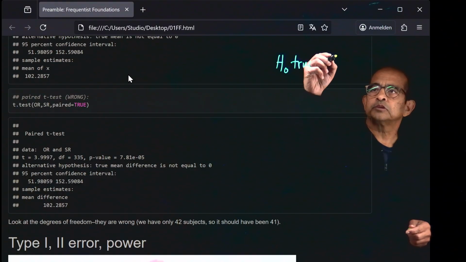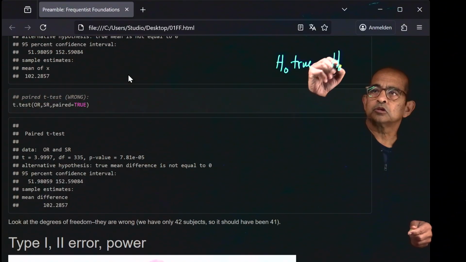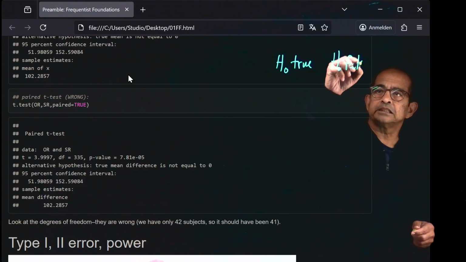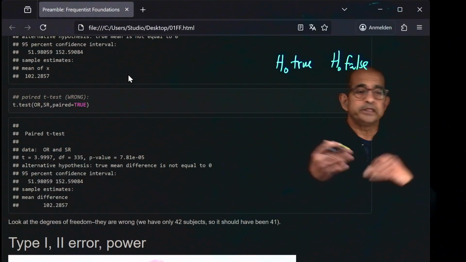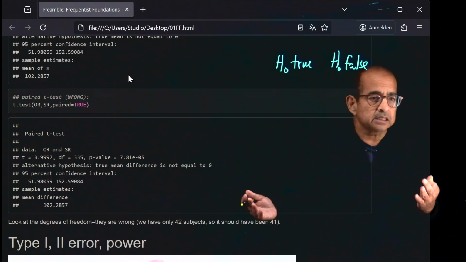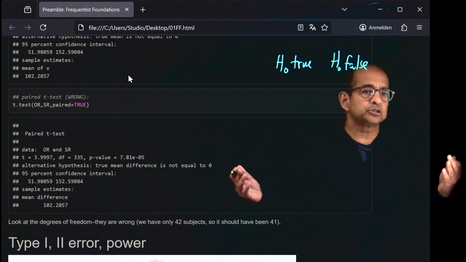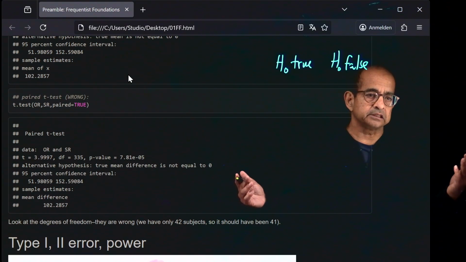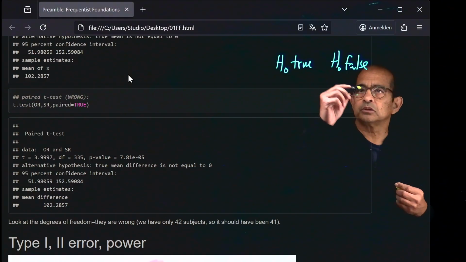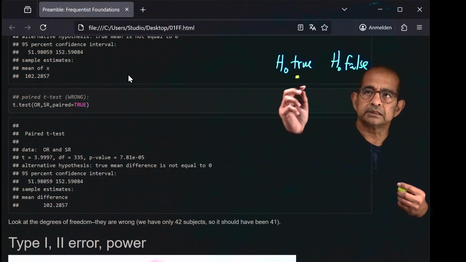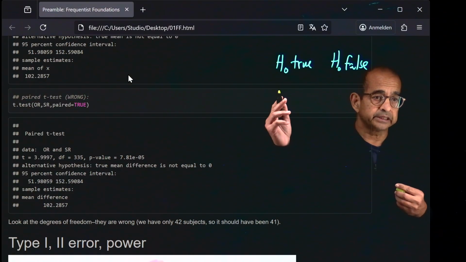Another possible situation is the null hypothesis could be false. These are two possible worlds that we could be in, and we don't know which world we are in. Otherwise, if we knew that the null is true or false, then we wouldn't need to do any statistics. No hypothesis test would be needed. So these are two possible worlds out there. We don't know which one we are in.